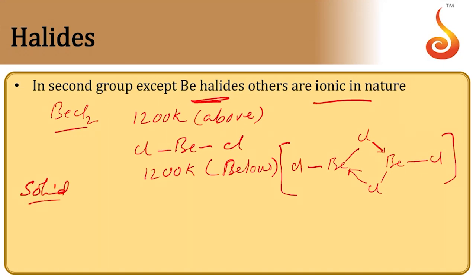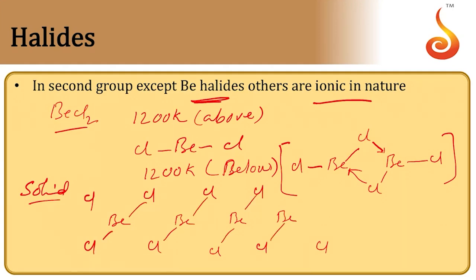And if you take the molecule in solid phase, there is going to be a polymeric structure. So beryllium, it is a polymer. A few atoms you are taking here, Cl, Cl, and so on.